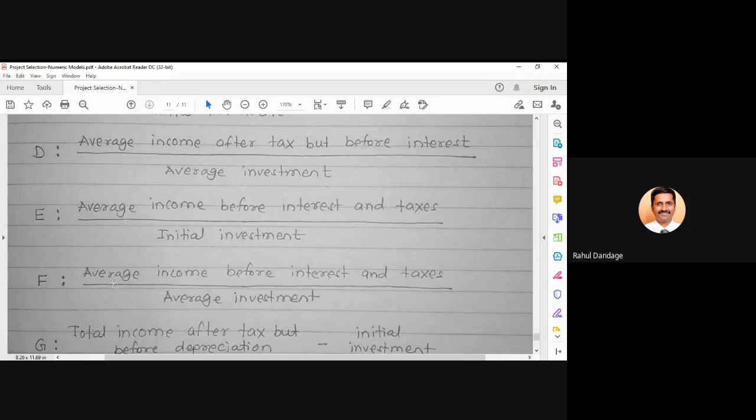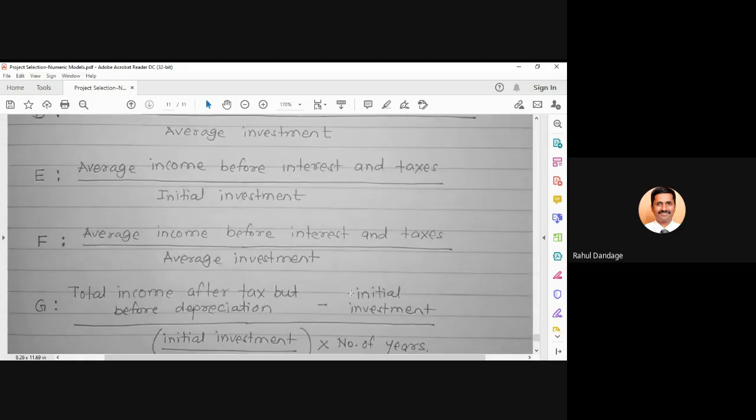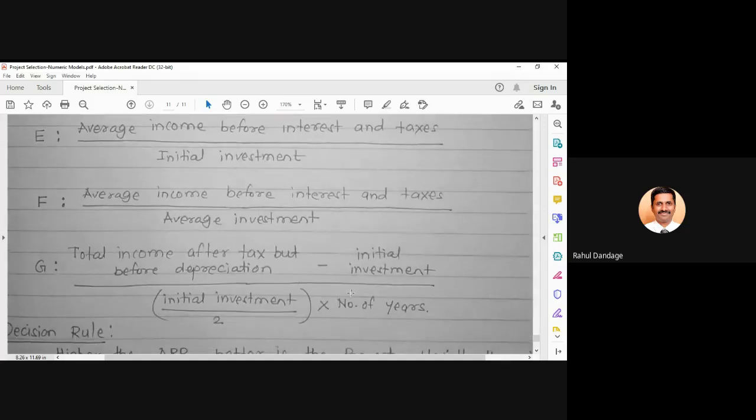F is average income before interest and taxes divided by average investment. And formula G, ARR is equal to total income after tax but before depreciation minus initial investment, divided by initial investment divided by 2, multiplied by number of years. So this is a slightly complicated formula.